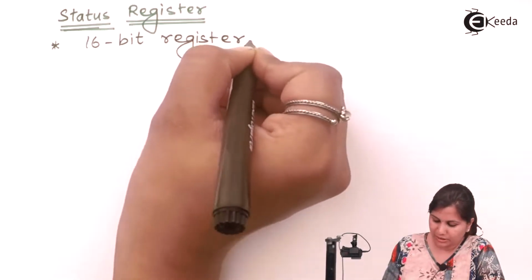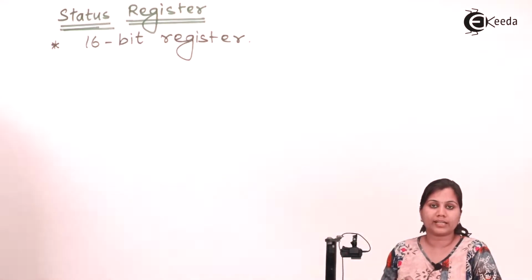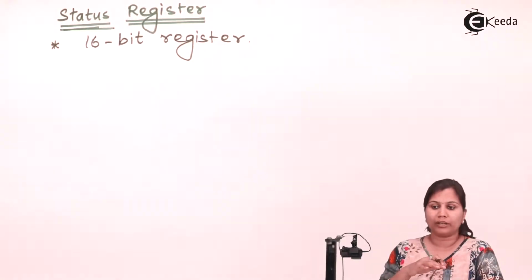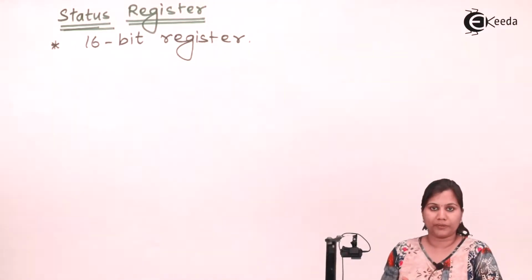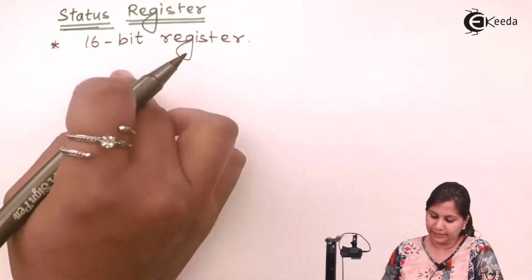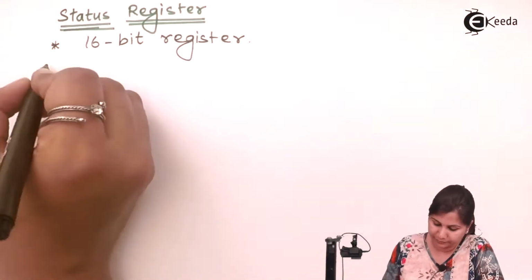This status register tells the overall status of the 8087 coprocessor, that is, in what state the coprocessor is. So the overall condition will be told by the status register.